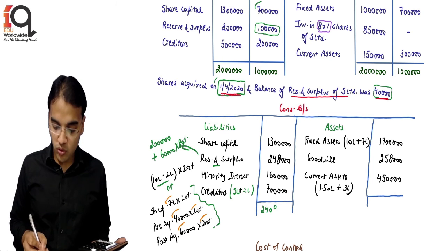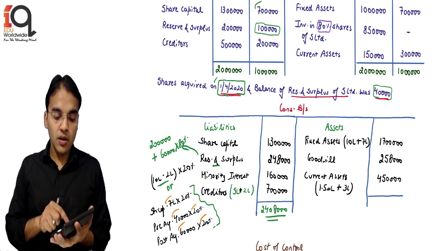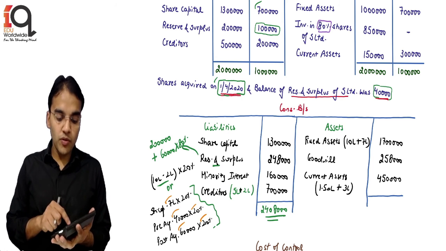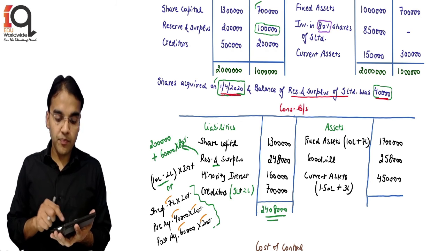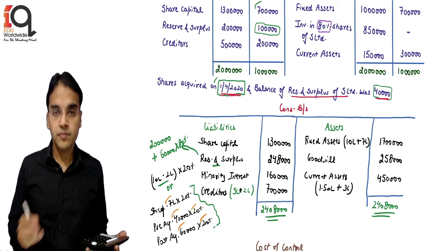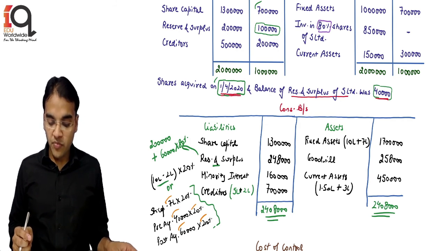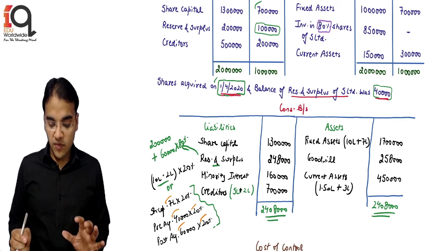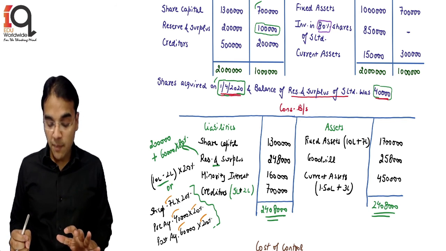So 24 lakh 08, 17 lakh plus 258 plus 450, that is again 24 lakh 8,000. Okay, so this is the thing which has happened in this particular example.